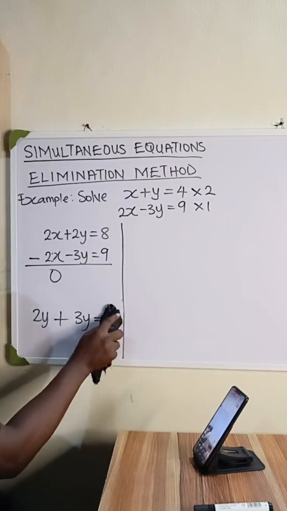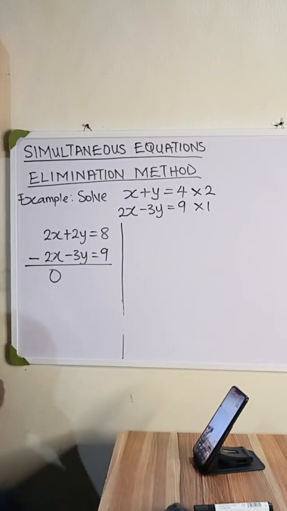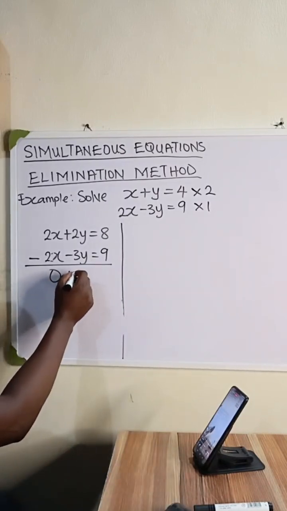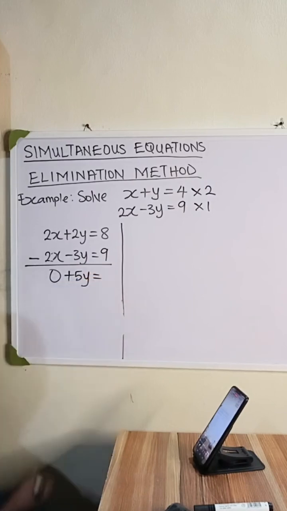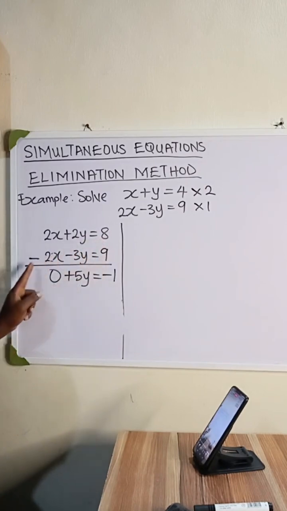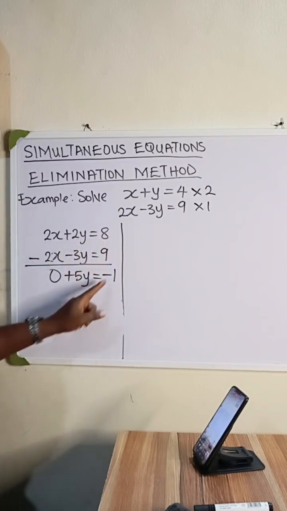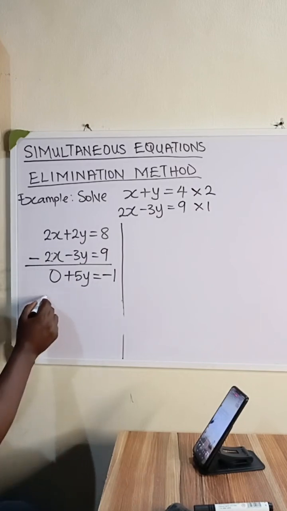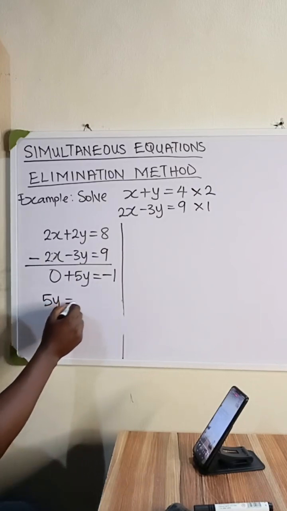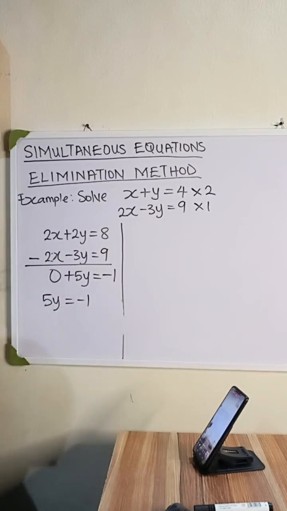So now we have plus 5y is equal to 8 minus 9, which is going to give us minus 1. So that means we have 5y is equal to minus 1. For us to get y, we need to divide both sides by 5.